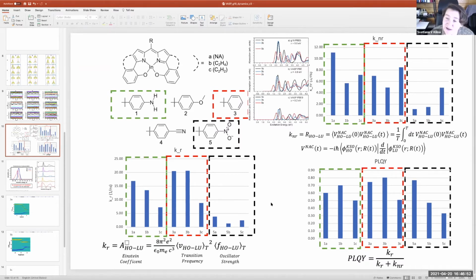Okay, but I think it's an interesting, maybe counterintuitive and contradicting observation from your results that increase in conjugation for these ligands does not so much affect the non-radiative pathway, but the radiative pathway.